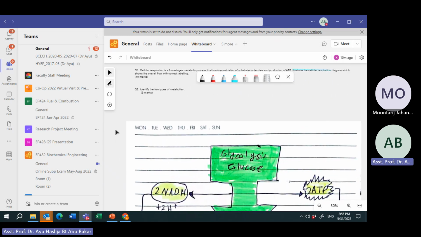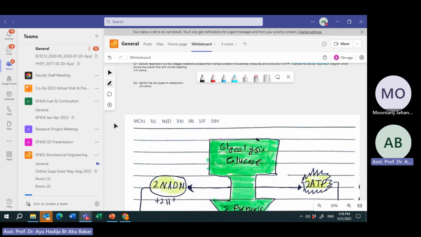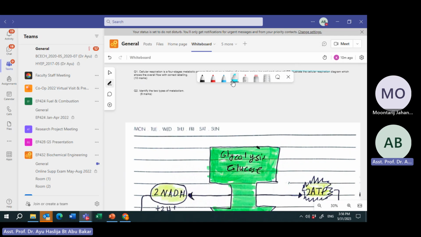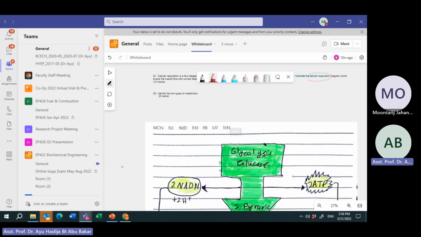So this is the cellular respiration. The keyword over here is cellular respiration, because we have fermentation as well. Now it is asked to do cellular respiration. So this is the diagram.